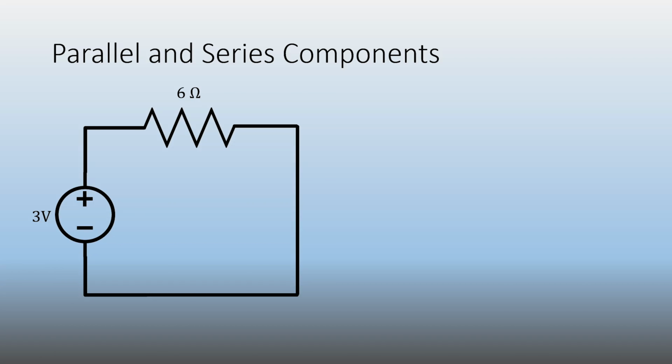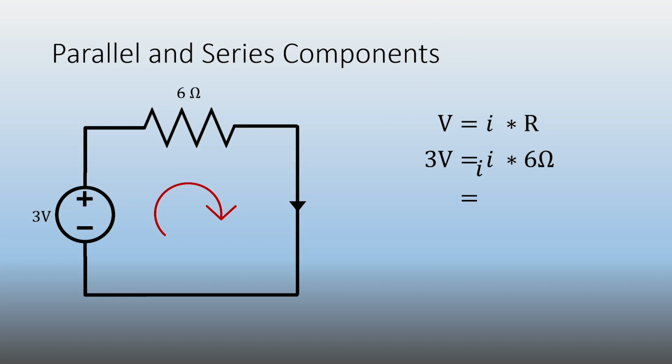There is a voltage source that will start pushing some current. We can calculate the amount of current by using the handy-dandy Ohm's law. We plug in the values, rearrange the equation to find the current, and solve. What we find is that there are 0.5 amps flowing in the circuit. Easy enough, right?